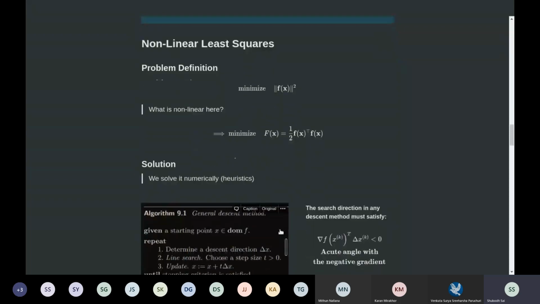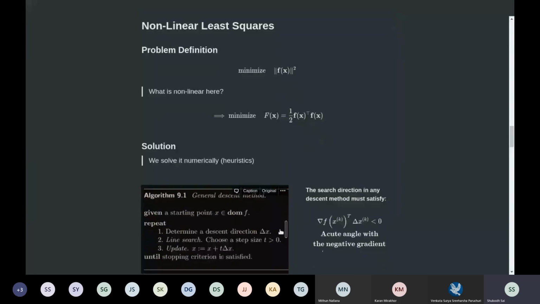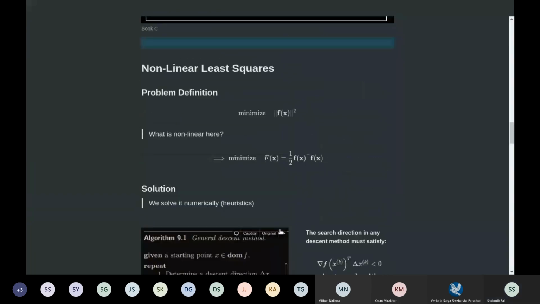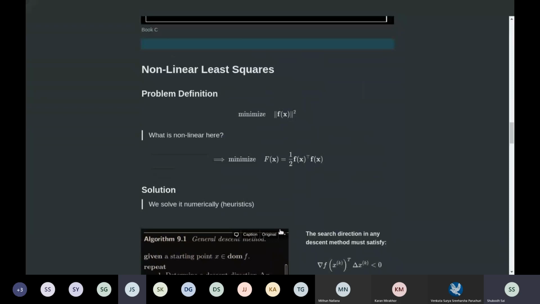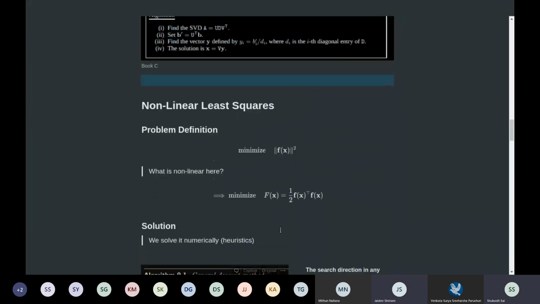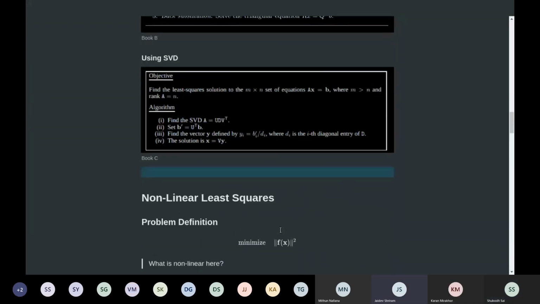Okay, what next? Nonlinear least squares. Scott, I have a doubt. So everything that we did so far, we can just consider this as a linear regression problem, right?